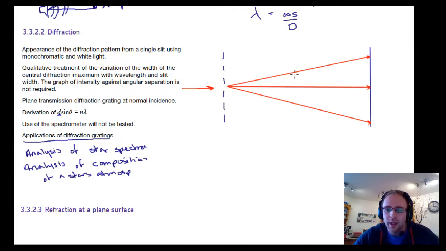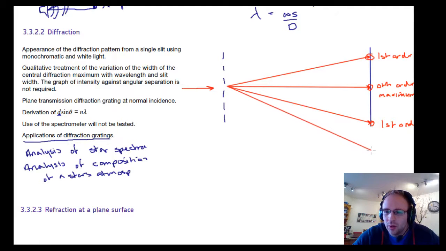If we look at this point up here, we're going to see a dot here, a dot here, and a dot here. This is what we're going to call our 0th order maximum. This will be our first order. This will also be our first order. And then maybe we'll have a second order. We'd have one of these at the top as well.